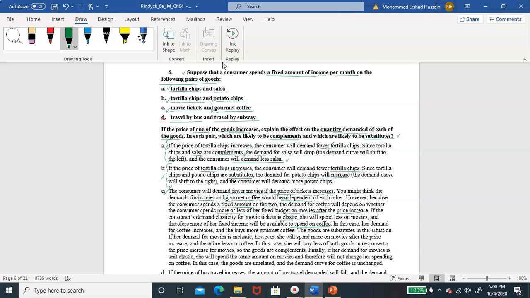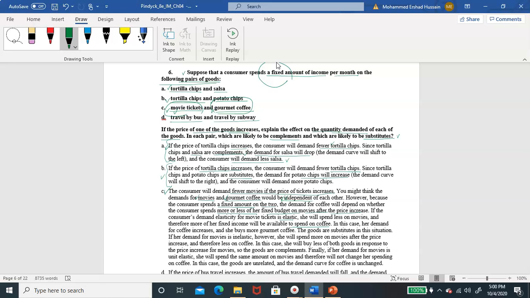See, this is a budget issue. So he's spending a fixed amount. If he's not buying movie tickets, then he will probably spend that extra amount on coffee, right? Now the goods are substitutes in this situation.